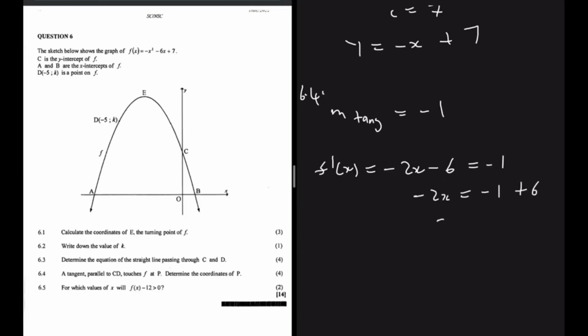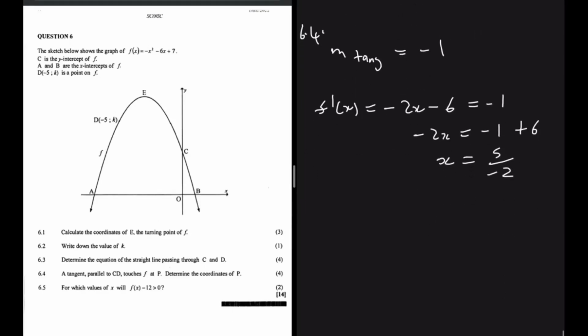So we're gonna say minus 2x is equal to minus 1 plus 6, right? So we're gonna have x equals 5 divided by minus 2. Oh my goodness, I don't like dealing with fractions. So now we have x of P, which is 5 divided by minus 2. We can substitute it into our main equation, f(x), right? So we're gonna say f of minus 5 divided by 2 is equal to minus of minus 5 divided by 2 squared, minus 6 multiplied by minus 5 divided by 2, plus 7.